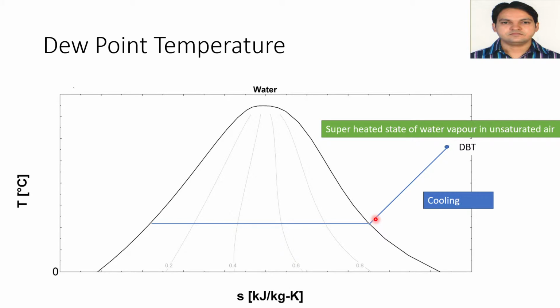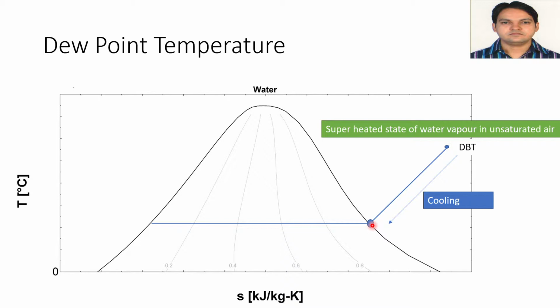Now if we keep the partial pressure of water vapor constant and by some means cool it, step by step the temperature will decrease, and after some time it will reach a saturation condition. When it reaches the saturation condition, the first dew from the water vapor will be formed, and that temperature is called the dew point temperature.